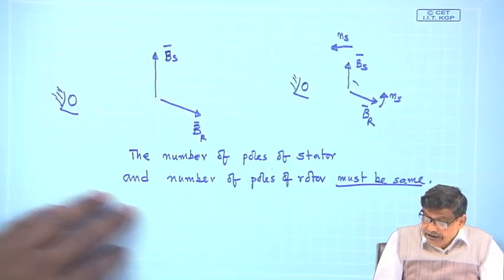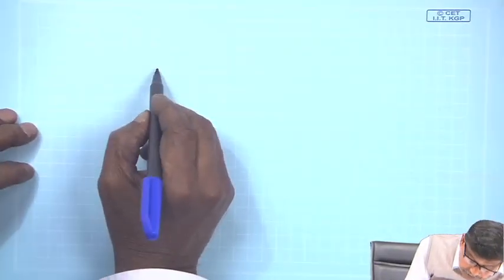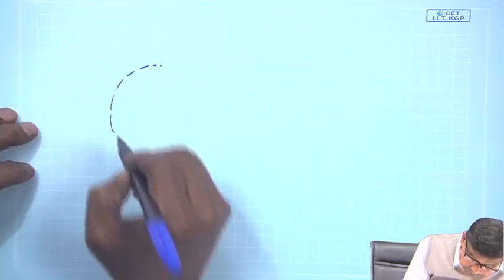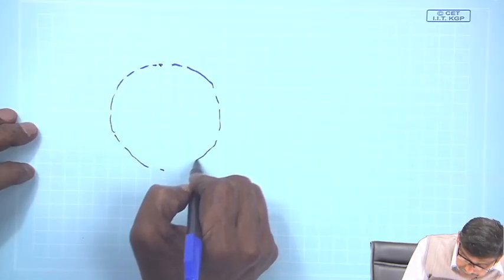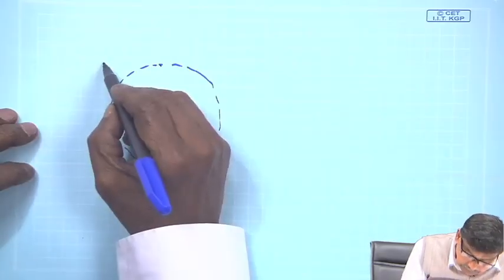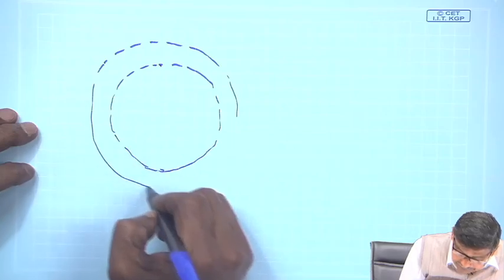Now, let us try to see how to create, say, 4 poles, very interesting. For example, you have a stator structure. Stator iron is there.